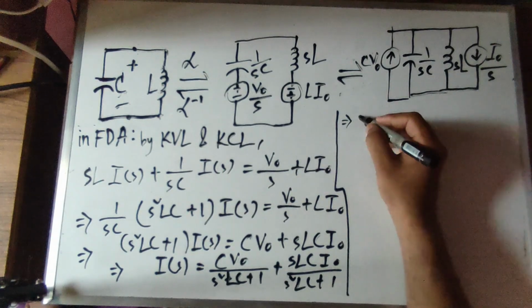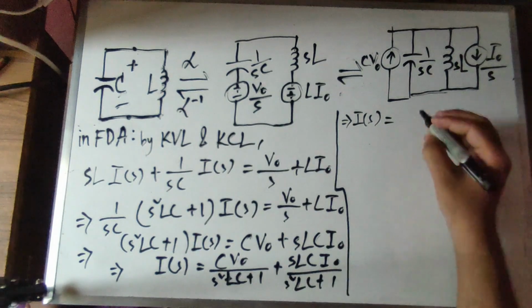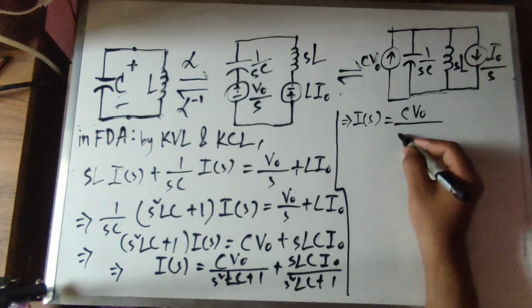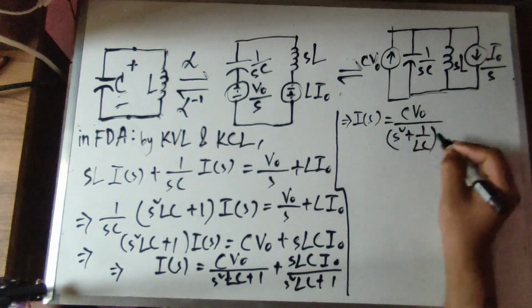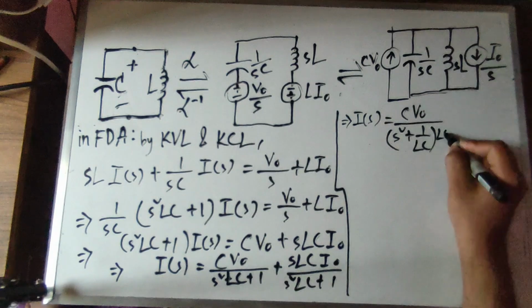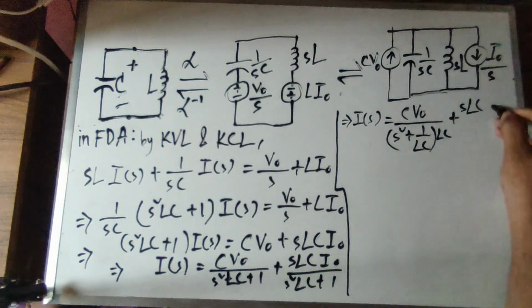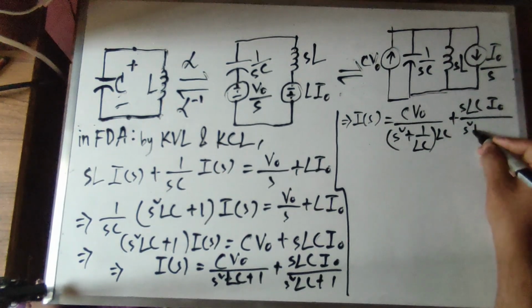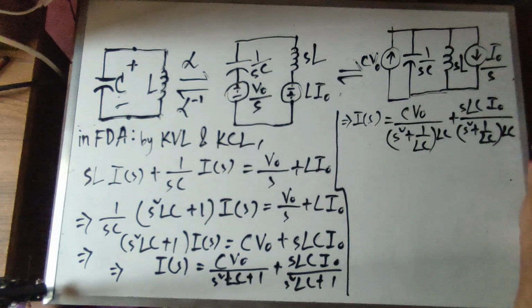Now I(s) equals C V0 by (s squared plus 1 by LC), taking out the LC term, plus s L C I0 by (s squared plus 1 by LC), taking LC common.